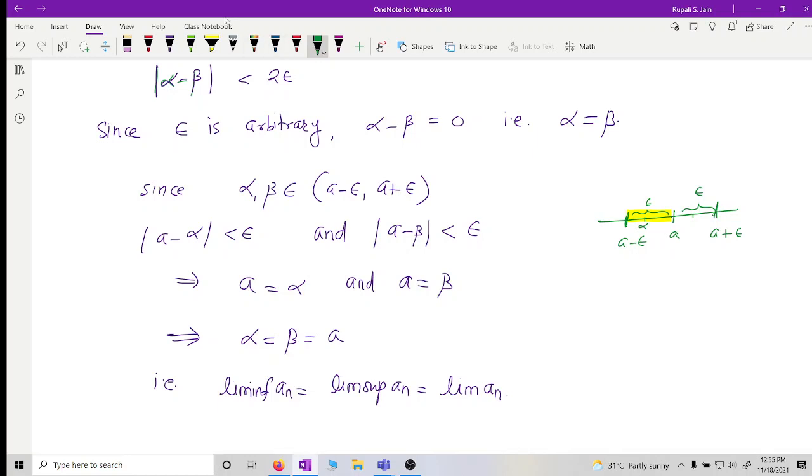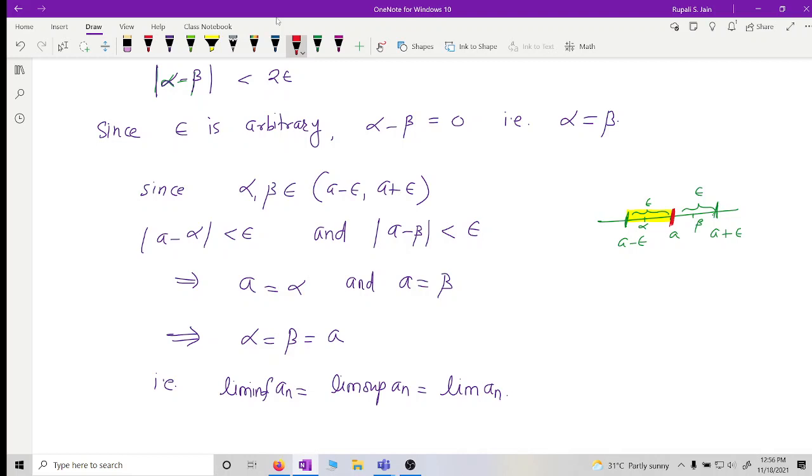Must be less than epsilon, right? Yes, ma'am. And suppose beta is here. It can be anywhere in this interval, but the distance from A to alpha and beta will be at most epsilon, right? Are you getting this? Yes, ma'am. Because A is in center.